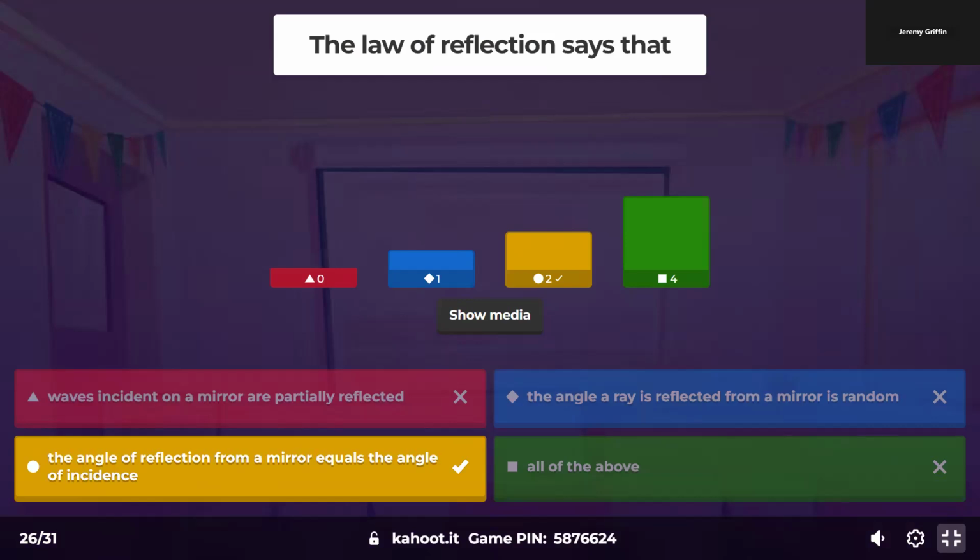It says the angle of reflection from a mirror equals the angle of incidence. Right. Okay.